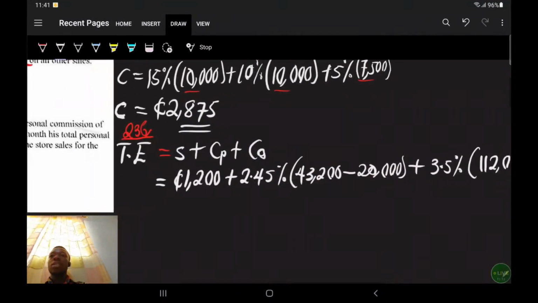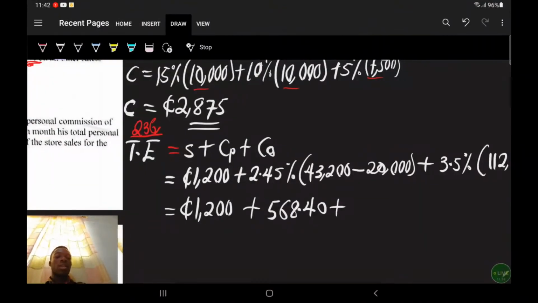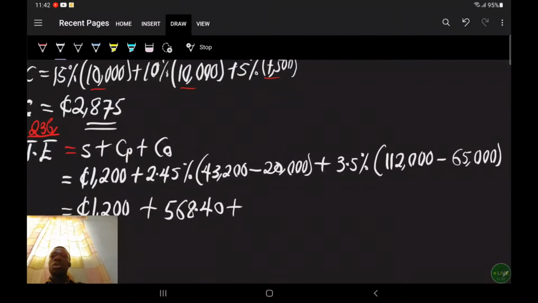So here you have the salary repeated once again, plus, with your calculator, 2.45% on 43,200 minus 20,000. In my case, I had 568.40, then plus the commission on override, I also had 1,645.